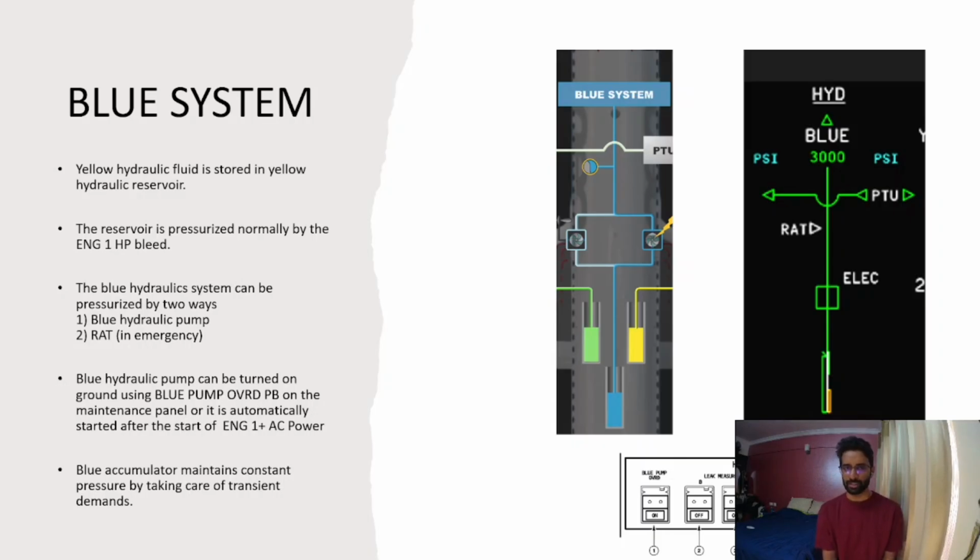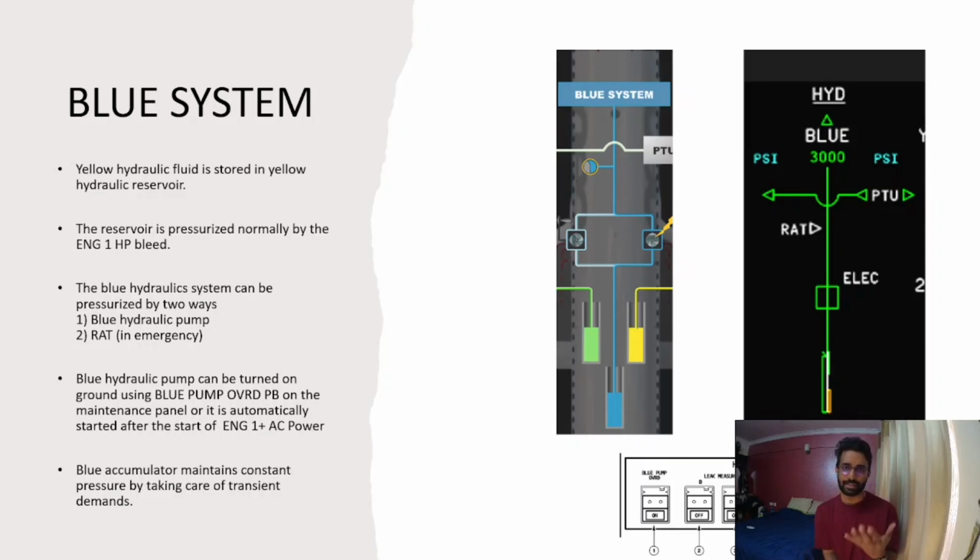You must have seen the pictures. If not, don't worry, we will see it in the coming lesson. So this RAT runs when the air is there, that is, when you're flying, right? Airflow spins the RAT. The spinning kinetic energy is used to run a pump, which will pressurize the hydraulic system. Okay, so that is how the blue system works if the blue system's electric pump fails.